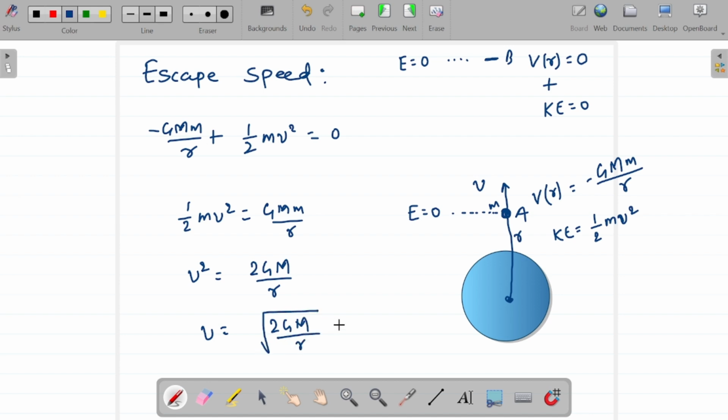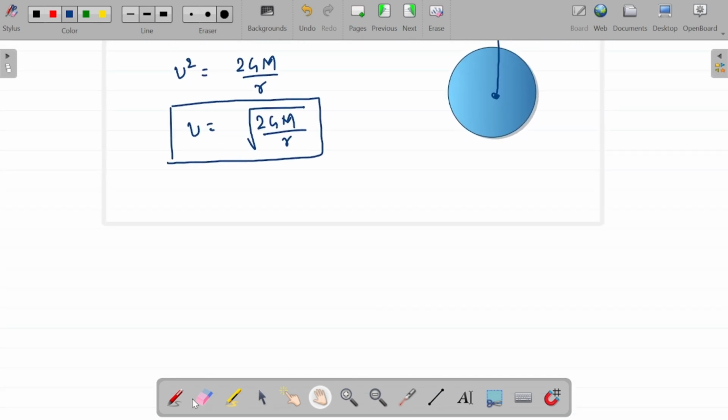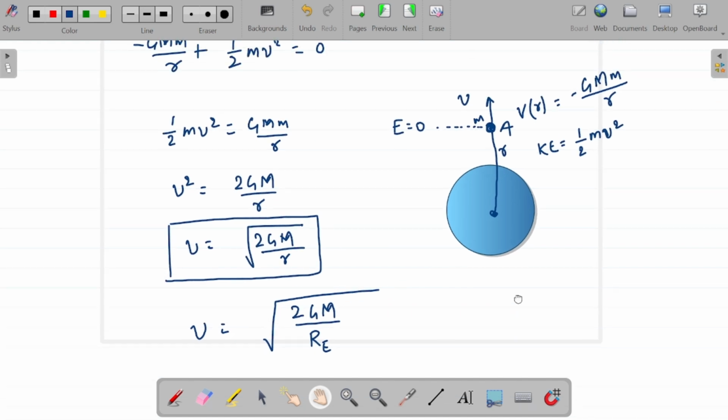This is the minimum velocity required so that this body can escape from the gravitational influence of the earth, and this speed we call escape speed. Now let me further write this as the square root of 2 G M by R e, if we are saying that this point is on the surface of the earth.